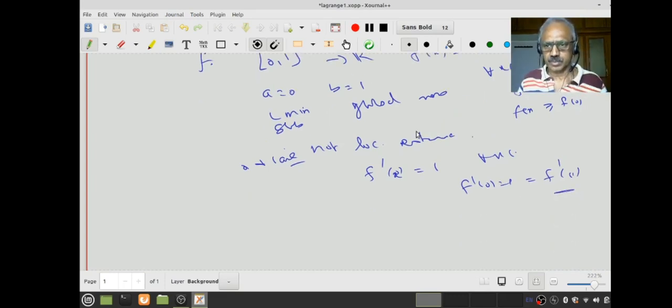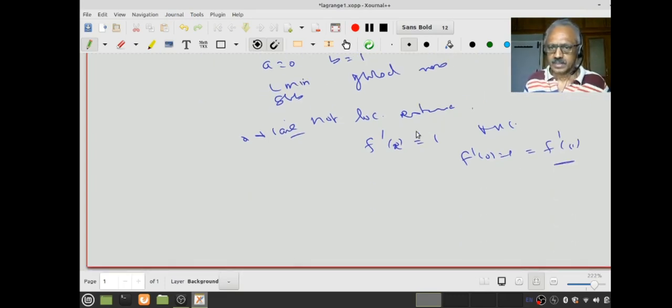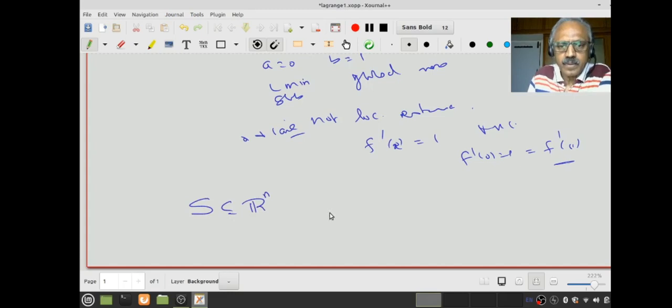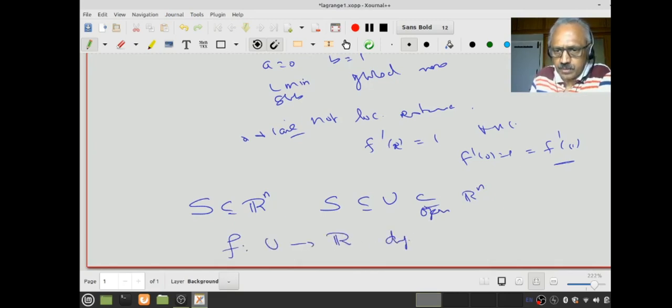That's the first observation. The second observation: suppose I have a set S in R^n, contained in U, where U is open in R^n, and further assume f from U to R is differentiable.